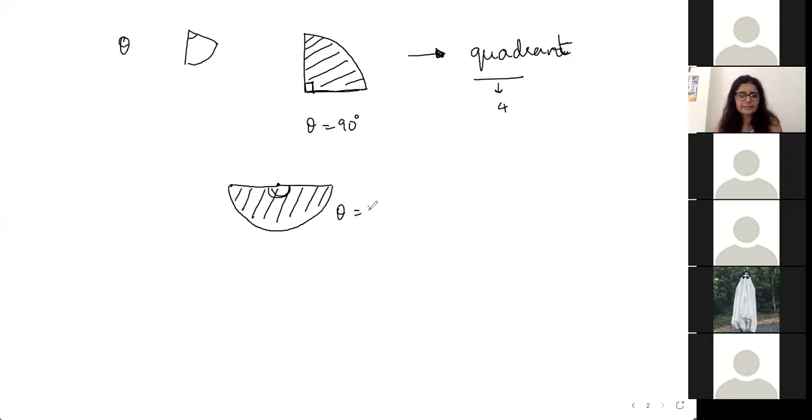In this case, theta equal to 180 degrees, this shape will be called what? Yes, Vasudha got it. Who else? Ryan, what do you think? What is the name of this shape? Ma'am, can you repeat the question?